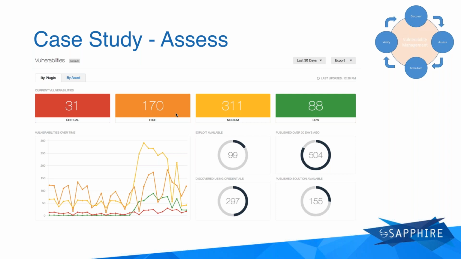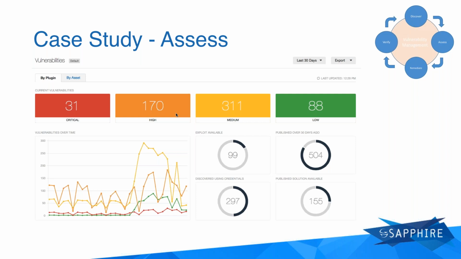Let's say we've got 31 critical vulnerabilities, but actually 25 of them are an out-of-date Chrome browser. So we know that if we address our Chrome browser vulnerability within our network, we're making a big impact on our critical vulnerabilities. So we can consume that by understanding what critical and high vulnerabilities we have out there. Are they the same vulnerability on multiple machines, and therefore look at assessing and planning to address those by vulnerability?